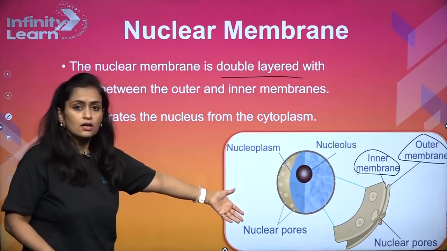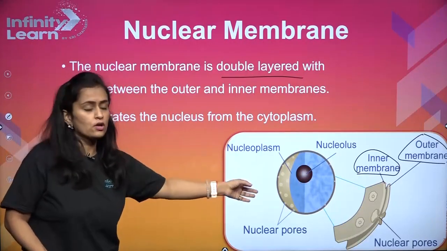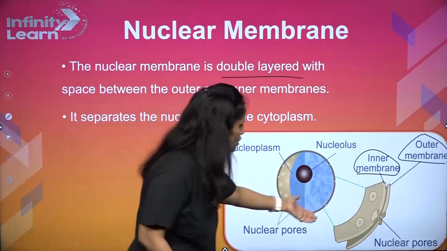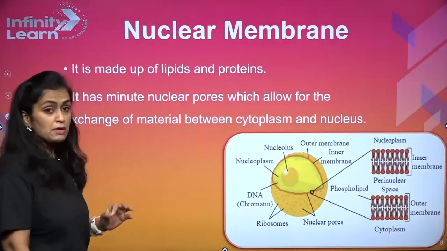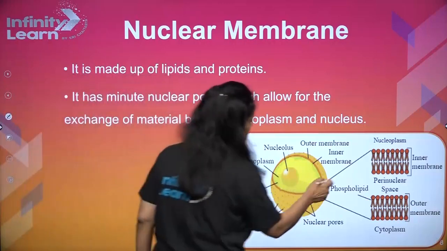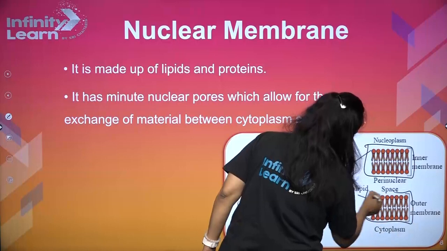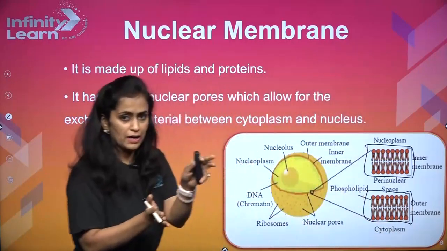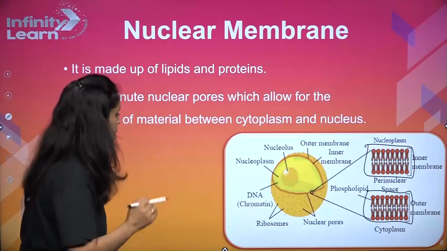Here we have eukaryote, true nucleus. So that's why in eukaryotes we have a membrane. Now this membrane is made up of lipids and protein, just like our plasma membranes. So perinuclear space is in between inner membrane and outer membrane, right?